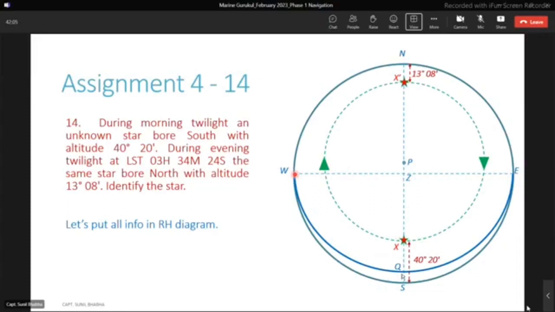That's one thing, right? Yes. And second thing, the Q point of the equinoctial is always 90 degrees away from the pole. In fact, all the points are 90 degrees away from the pole. But for understanding, always remember this Q point will be 90 degrees away from the pole, right?